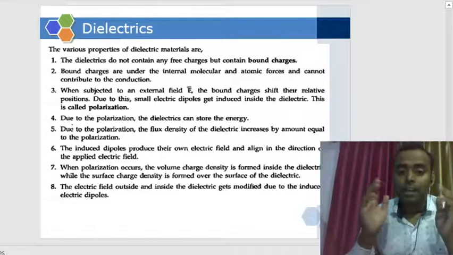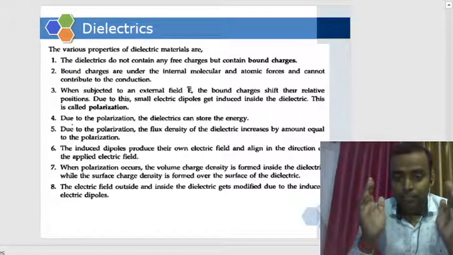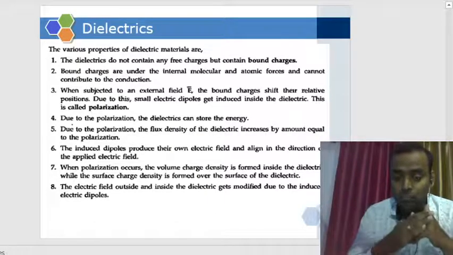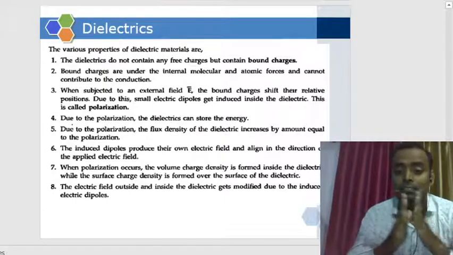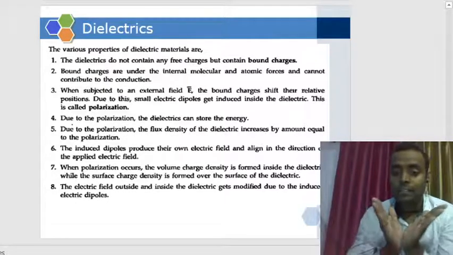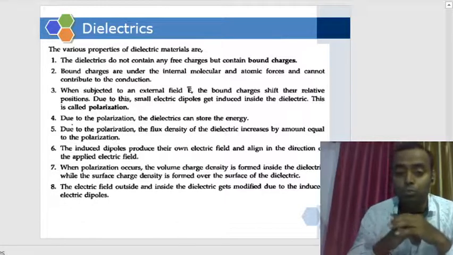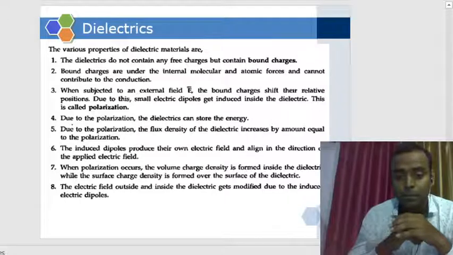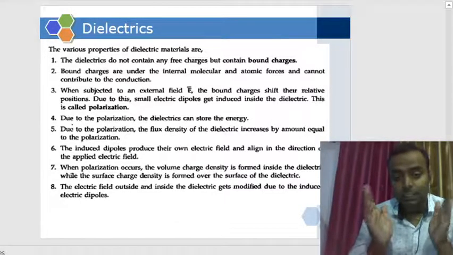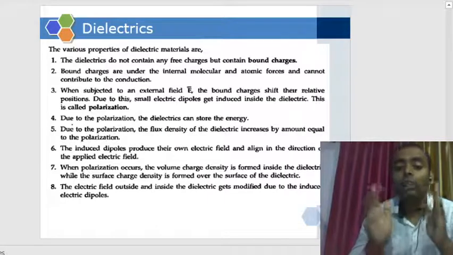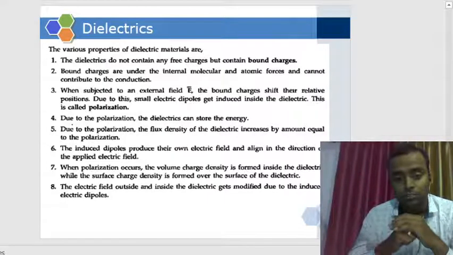But when you apply an external field, they shift their position and create dipoles and polarization. Because of this polarization, these dielectrics can store the energy, isn't it?